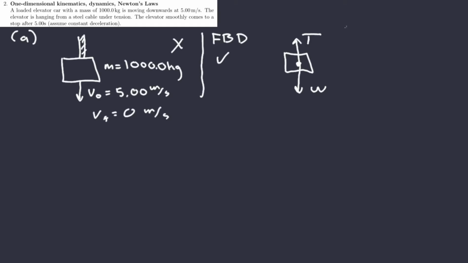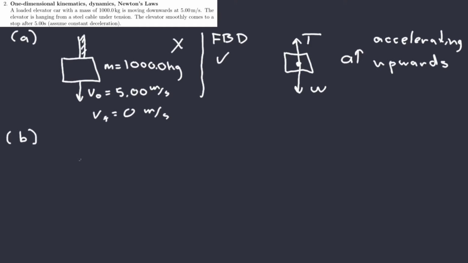So our acceleration starts down and ends at 0, which means our acceleration vector is pointing up. We are accelerating upwards. So that does it for part A. We can go to part B now.